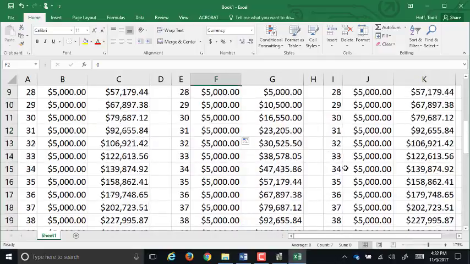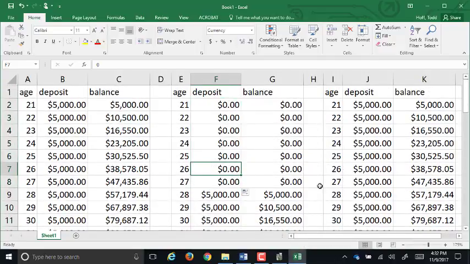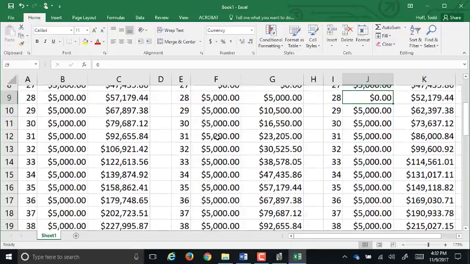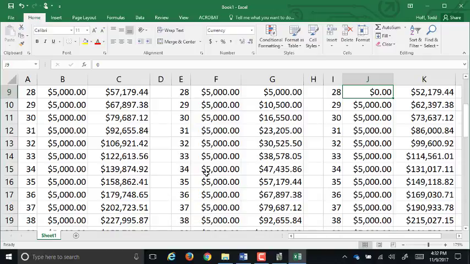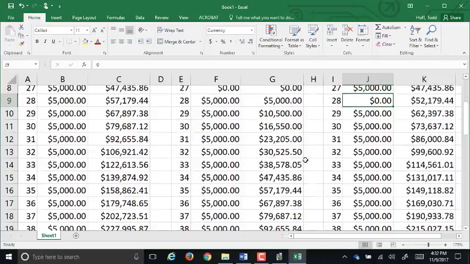Now let's do this. Since you picked 28, let's have some fun with this. Let's say somebody else starts at 21 and saves until they're 28 and says, you know what, I'm not going to save anymore. So this person here, you starting at 28, you saved for 40 years, from 28 to 67.